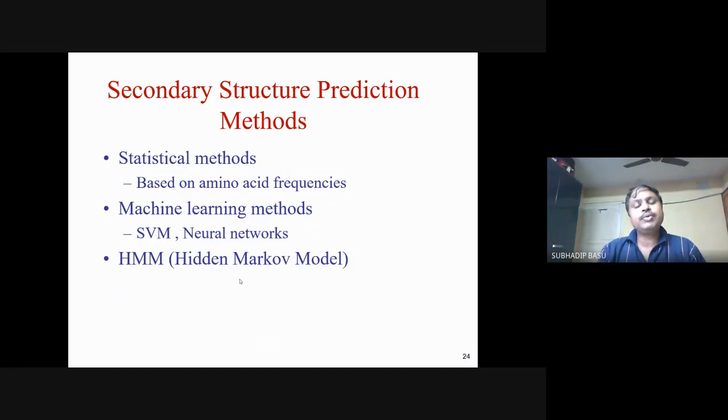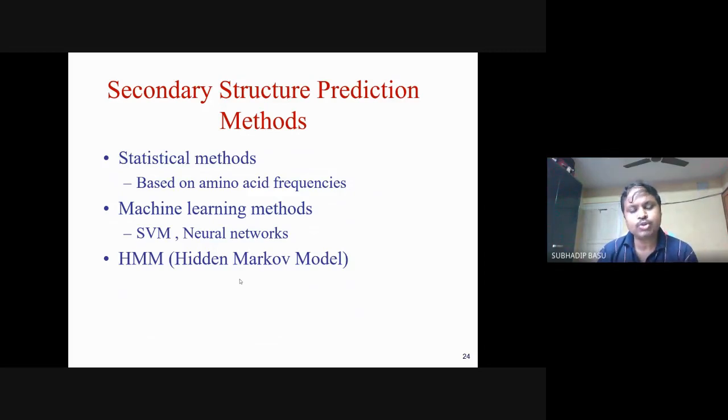We usually apply different types of statistical methods based on amino acid frequency. Traditionally, people looked into the frequencies of amino acids and the probability of a particular amino acid being transformed to a helical shape or a beta strand.